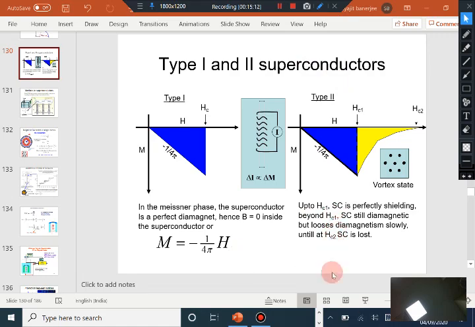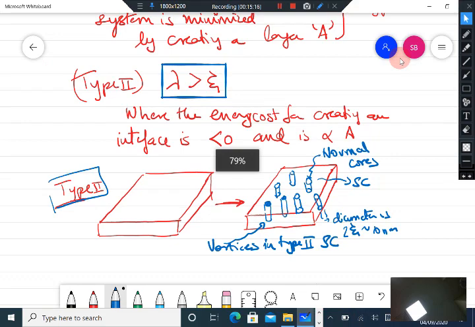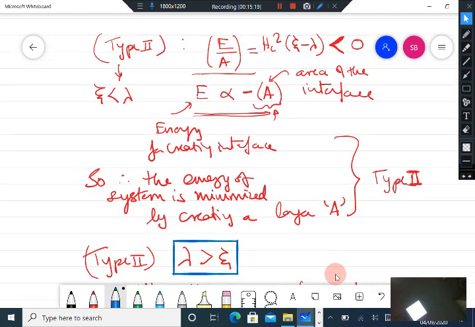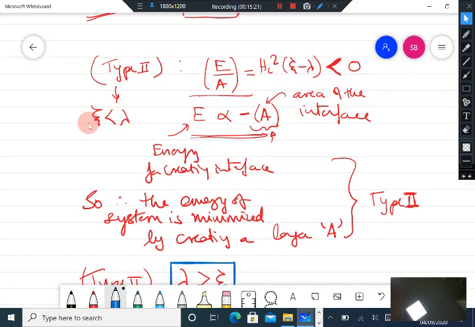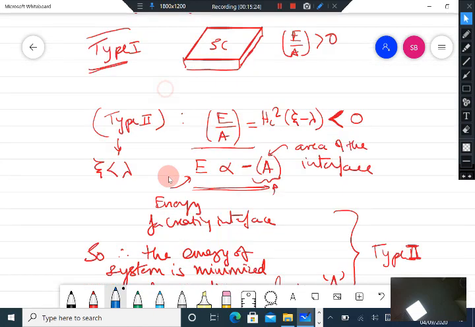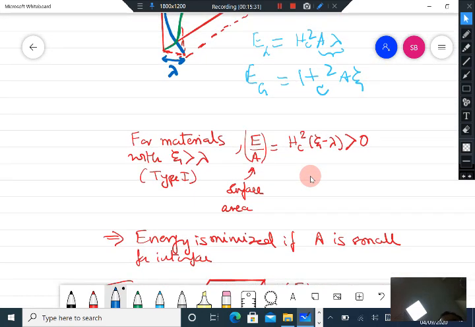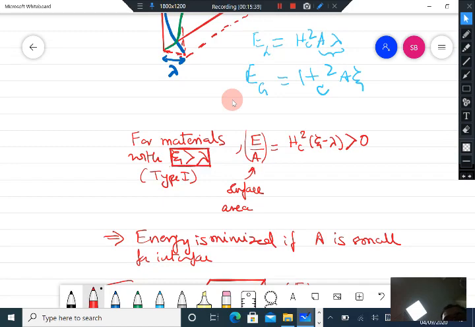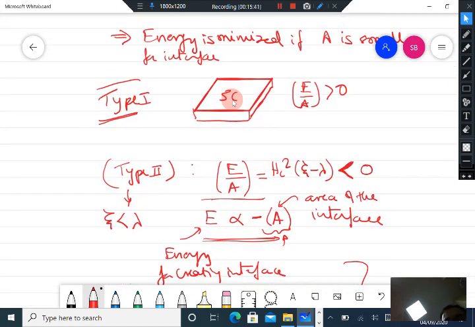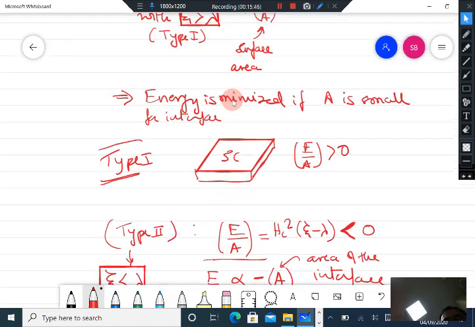the length scale. The length scale actually defines what is type 1 and type 2. In type 1 superconductors, the coherence length xi is greater than lambda, and in type 2 superconductors, the coherence length xi is less than lambda.